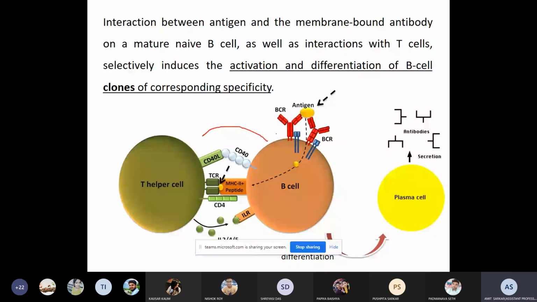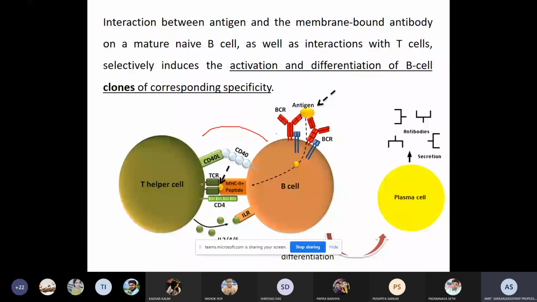The B cell presents the antigen molecule to the T cell. The antigen molecule comes inside the B cell, and then the B cell, using the MHC, major histocompatibility complex component, shows the antigen to a T cell, one particular type of T cell known as the T helper cell.